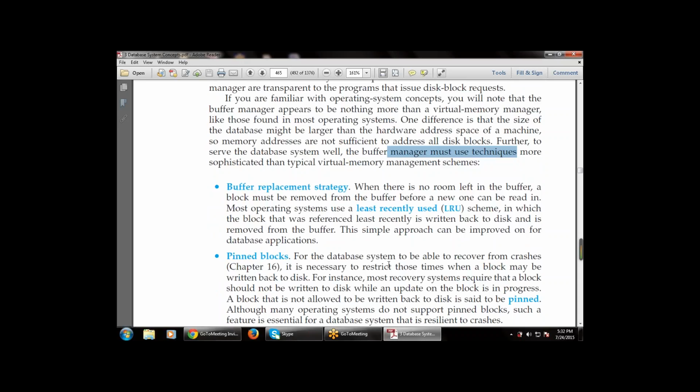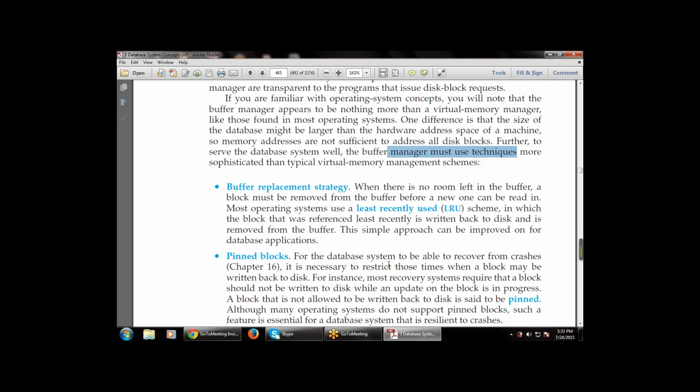When there is no room left in the buffer, a block must be removed from the buffer before a new one can be written. Most operating systems use the least recently used, LRU, scheme, in which the block that was referenced least recently is written back to the disk and removed from the buffer.